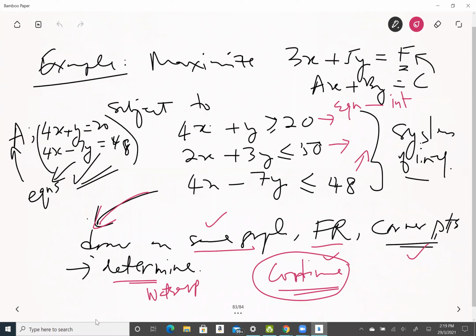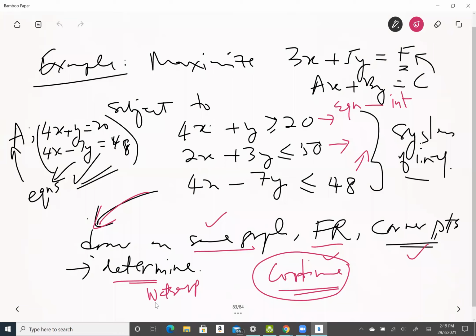The y-intercept? 16.67. Okay, good. Last one, the x-intercept? 12, so 12, 0. And then the y-intercept is negative 6.86, since it is 48 over minus 7. So you have a negative value there.